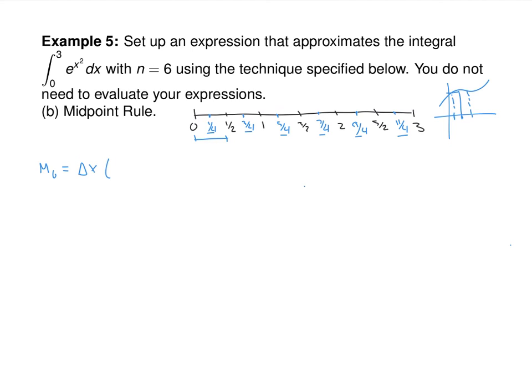When you plug that into your function, you end up getting a little bit of an overestimate and an underestimate at the same time. And it turns out this method's actually pretty accurate. So we'll have f of a quarter first, f of 3/4, f of 5/4, f of 7/4, f of 9/4, and f of 11/4.